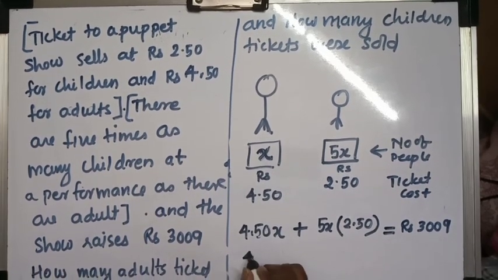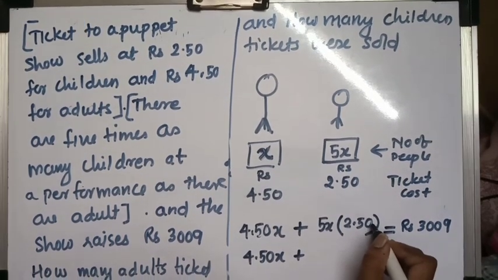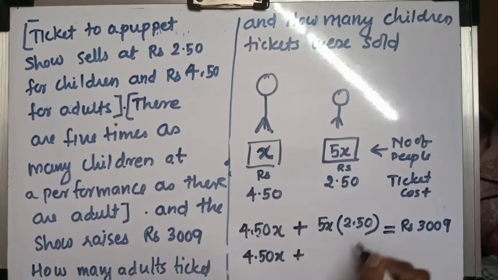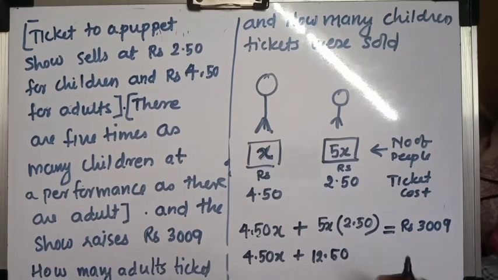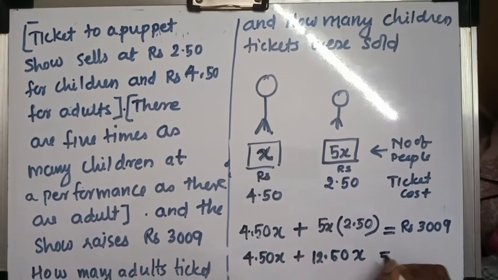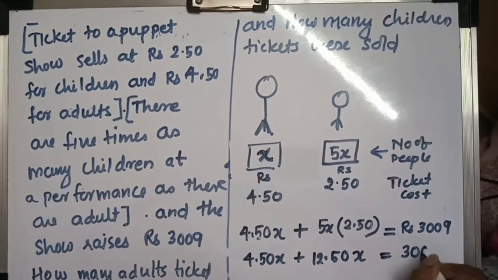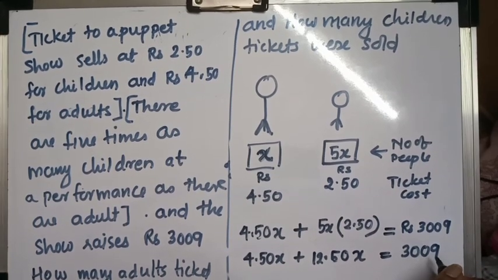So what I'll do? So I'll take 4.50x and this I'll multiply. 5 zeros are 0, 5 5s are 25, 5 2s are 10 and 12. So it gives me how much? 12.50x. So this is equals to how much? 3009.